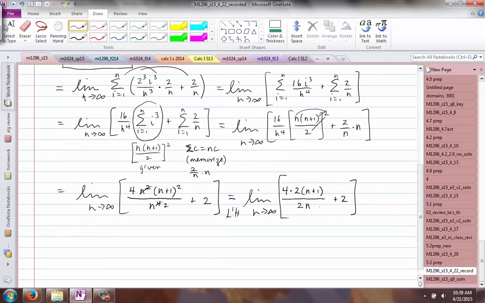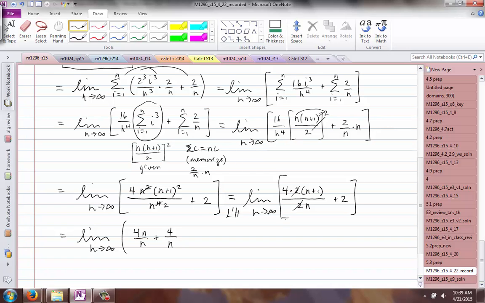So trying to evaluate this again, I'm going to get infinity over infinity. So I could use L'Hopital's rule, but the algebra is kind of easy here, so I guess I'm just going to do that. Lots of possibilities here. We have 4, the equivalent, if I cancel the 2's, of 4n over n plus 4 over n.